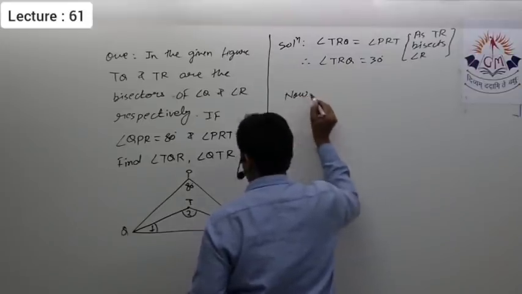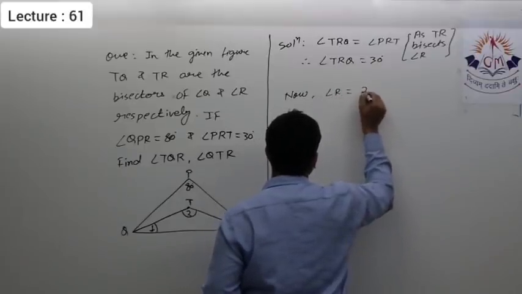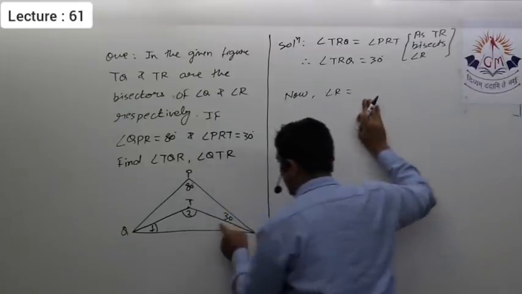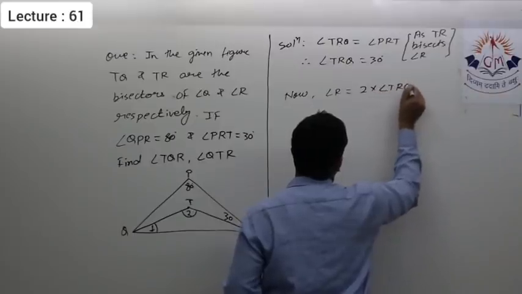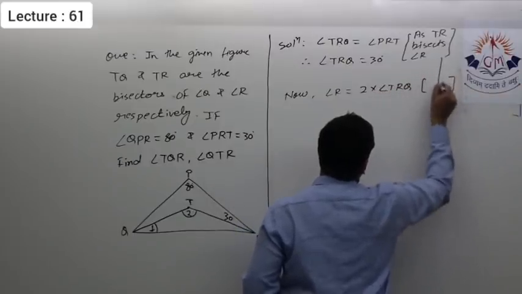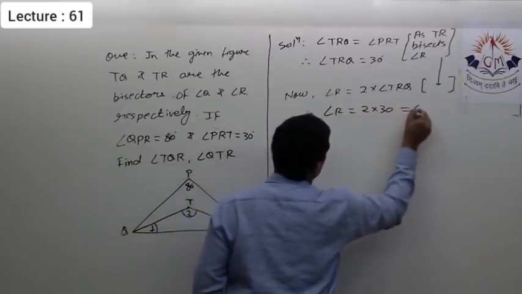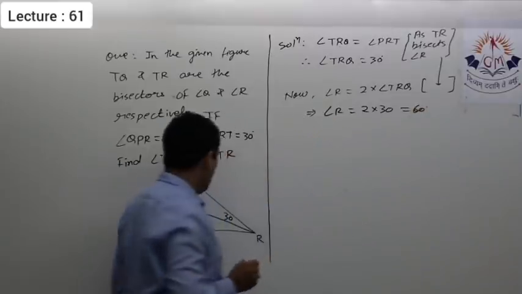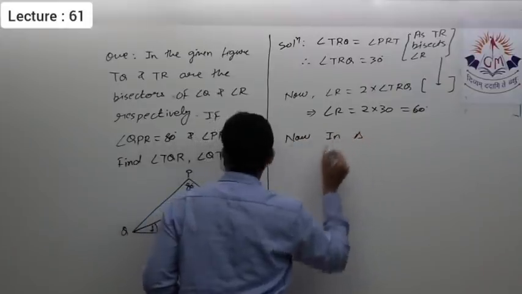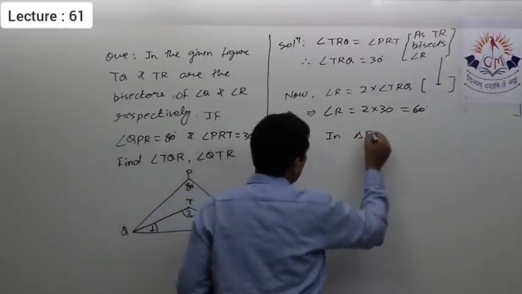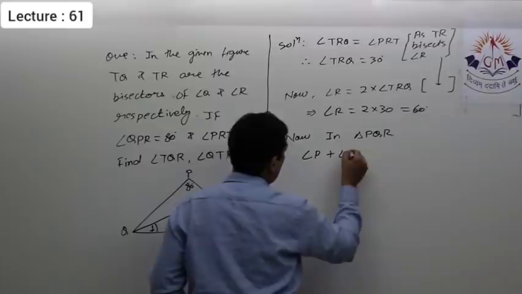Now angle R is equal to twice of angle TRQ, the reason is the same. So angle R is equal to 2 into 30, that is 60 degree. This is the measure of angle R. Now in triangle PQR, I can write angle P plus angle Q plus angle R is equal to 180.